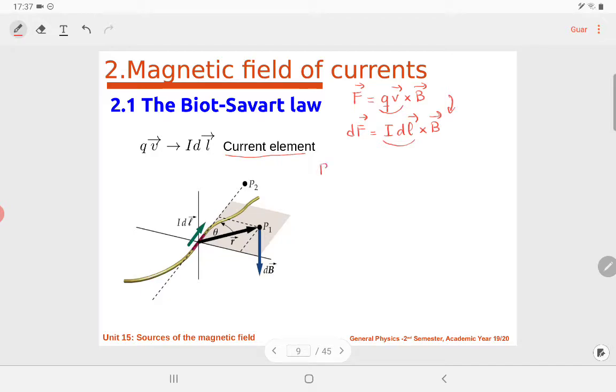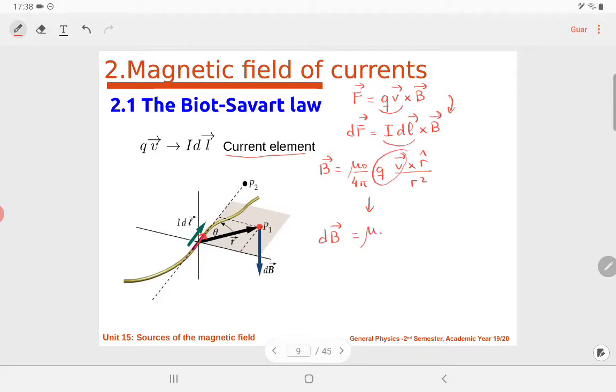So we're going to go from the magnetic field generated by a point charge Q that is moving at a velocity V, at a point that has a distance r to this point charge, to the differential magnetic field provided at a point P by this current element. So we change from QV to the current element.